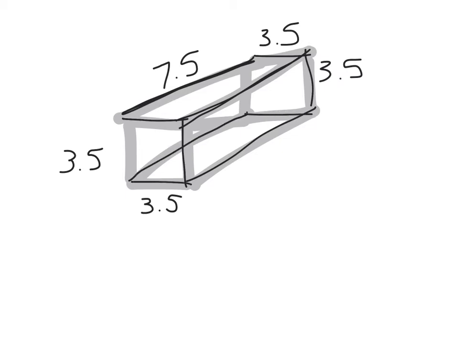Those are all 7.5. Now, this is called a rectangular prism because if you look at the base, it is a rectangle. Okay, those are the bases.